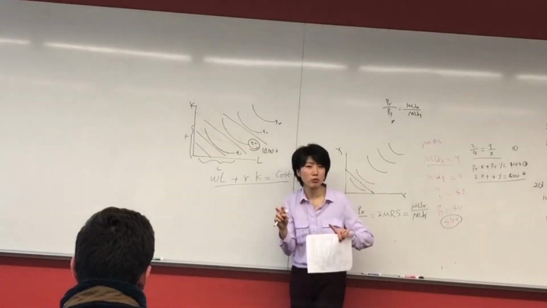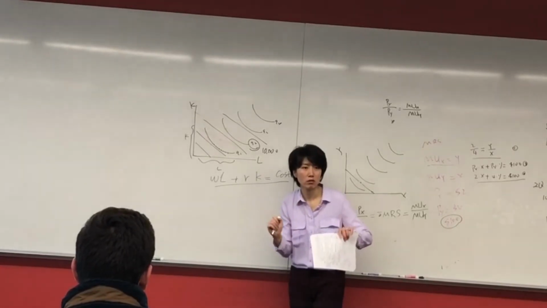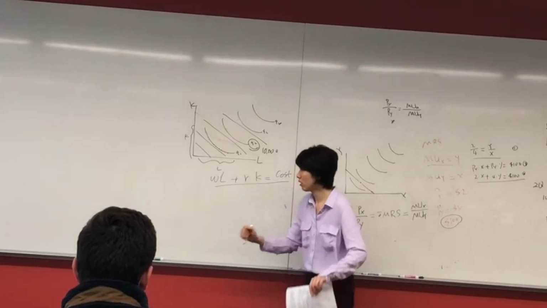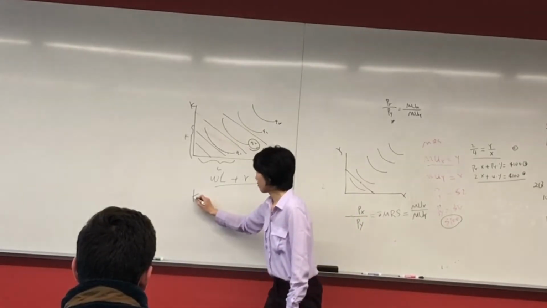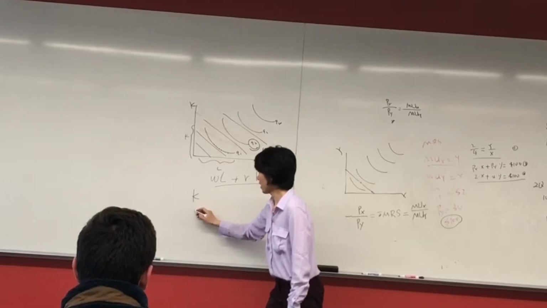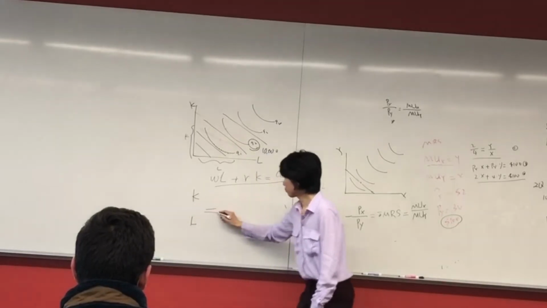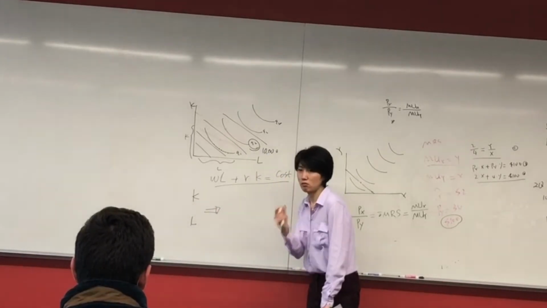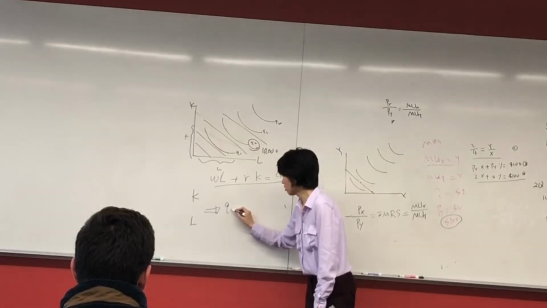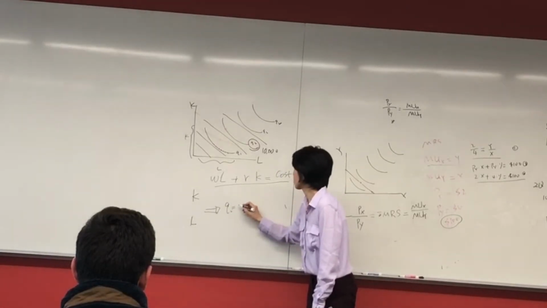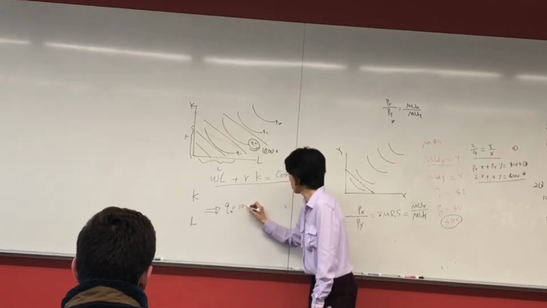The correct or optimal means cost-minimizing K and L. The firm chooses the optimal amount of K and L to produce a given quantity, Q0, or Q equals 10,000.